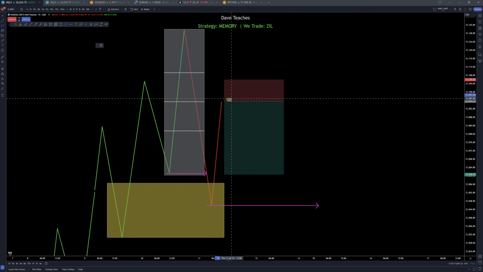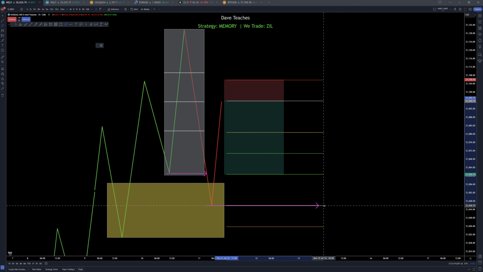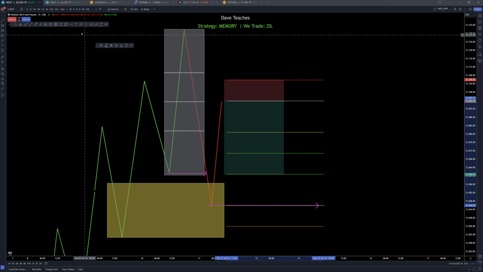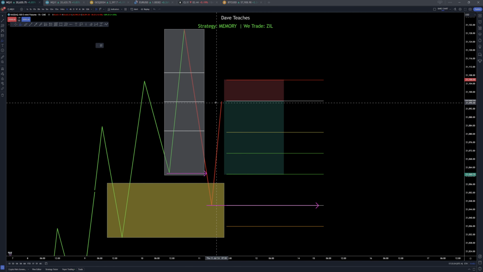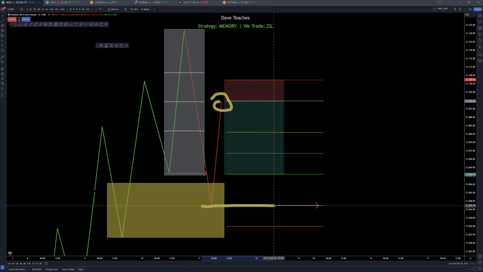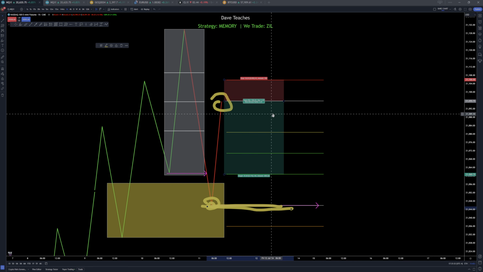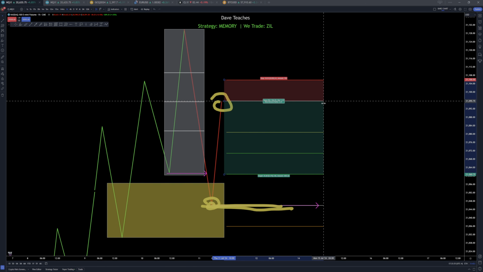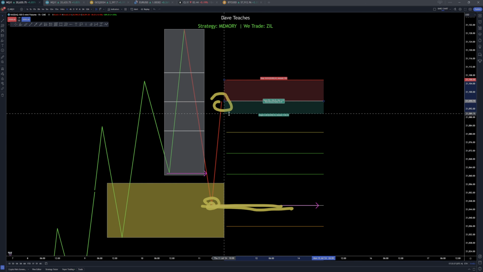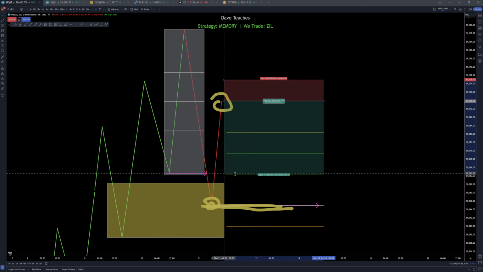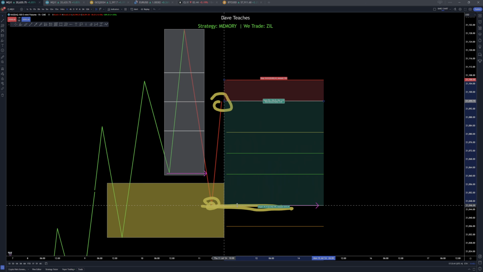I click there to impulse. The zone to the impulse. That's the low to the target. Zone to impulse.